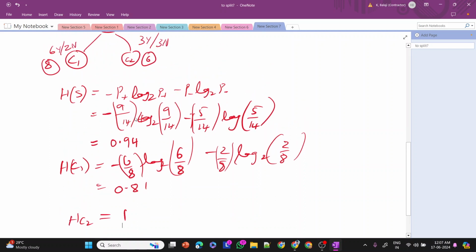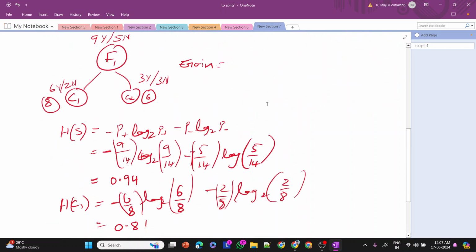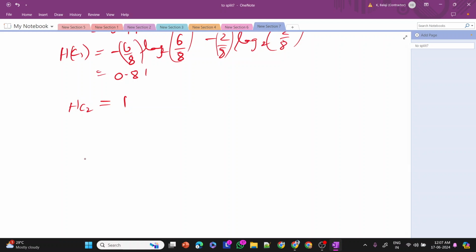After computing these values, let's substitute in the formula. H(S) is 0.94, H(C1) is 0.81, and H(C2) is 1.